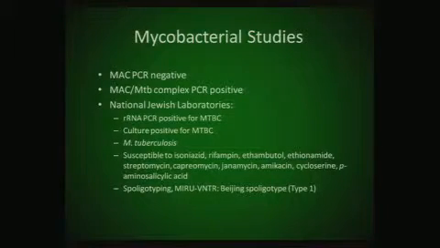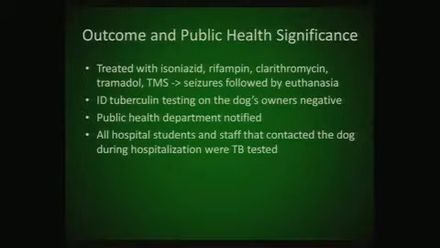And we then went further and did some molecular typing on that isolate, and we found that it was Mycobacterium tuberculosis that belonged to the Beijing spoligotype, or type 1, which is a very aggressive, easily transmitted strain that can be resistant to multiple antimicrobial drugs.